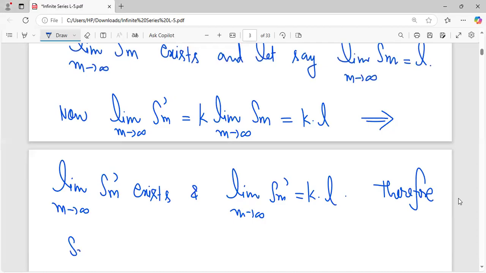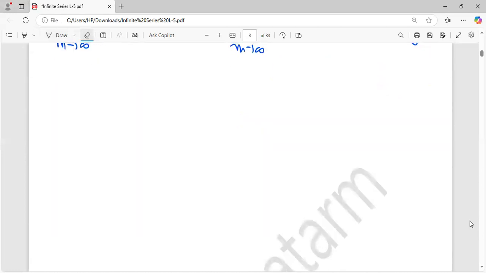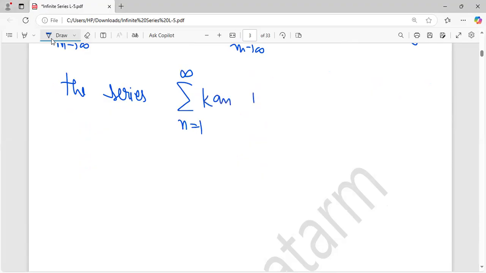Therefore, the series summation n goes from 1 to infinity k times a n is also convergent. Okay.